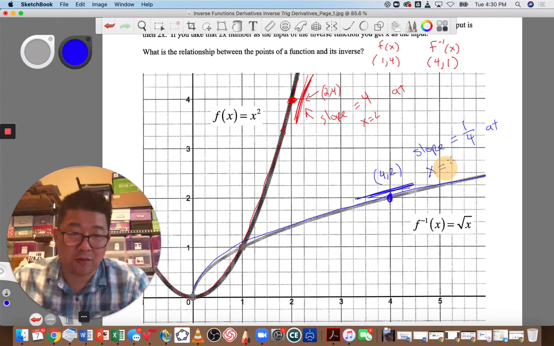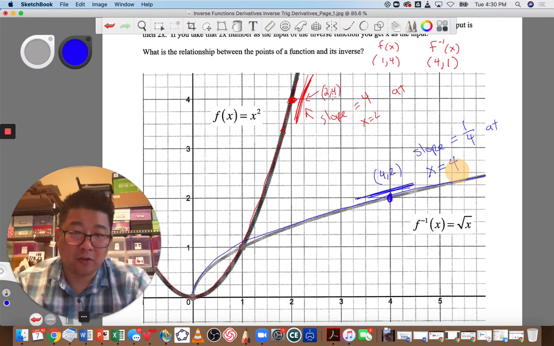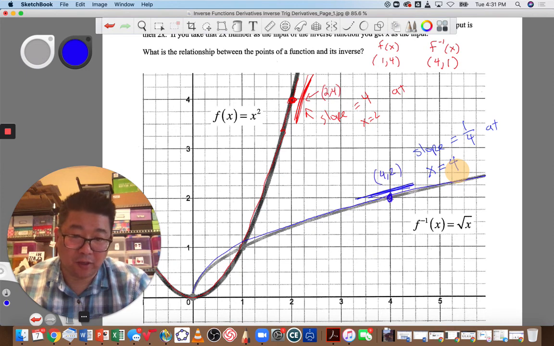So in this case, this will be x equals 4. Notice how we're using 2 here and 4 here. The slope is 4, and we have a reciprocal slope at that connected point on the inverse function.